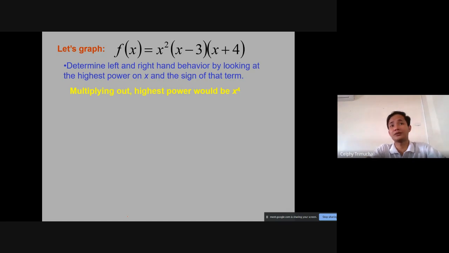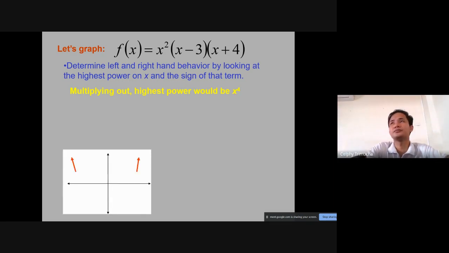So, multiplying out, highest power would be, may ara kita dari 2, so 2 plus 1 plus 1. So ang pinakataas natin nga power would be x raised to the power of 4. So ang pinakataas natin nga possible exponent, 4. So both silingon, nyara kita sang even degree polynomial.